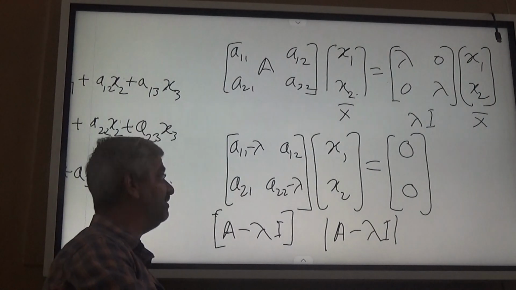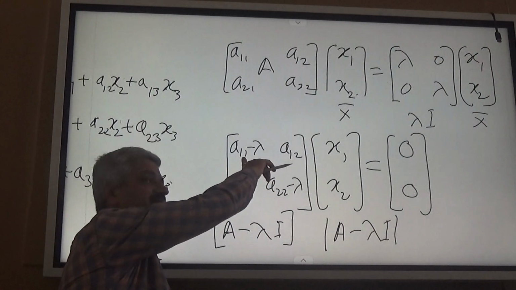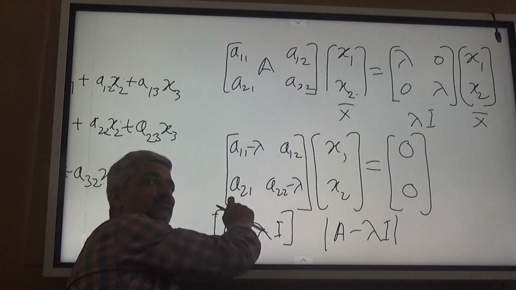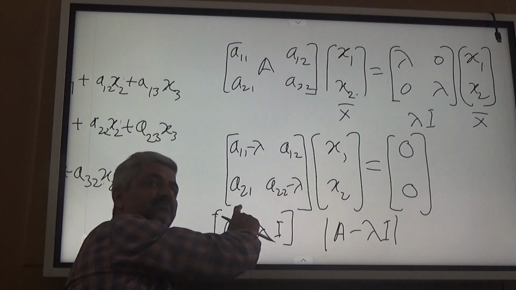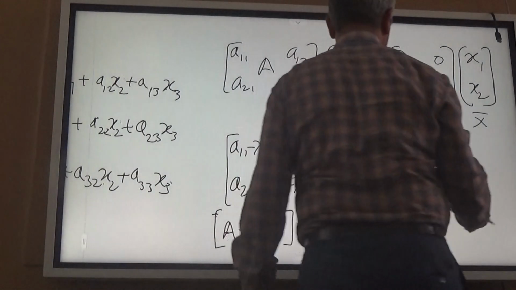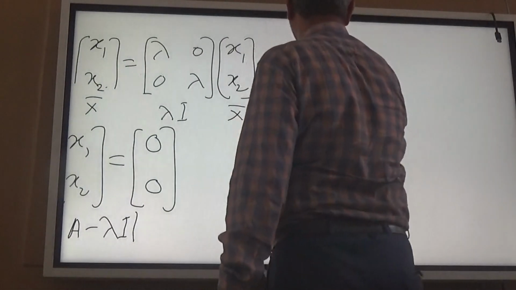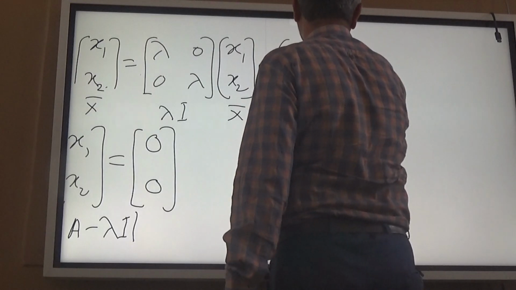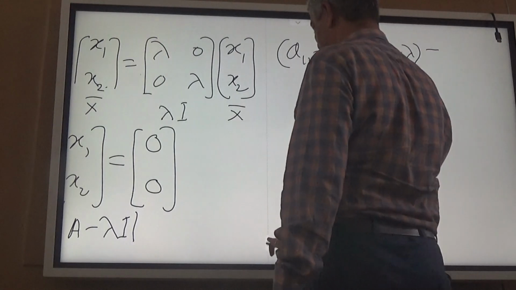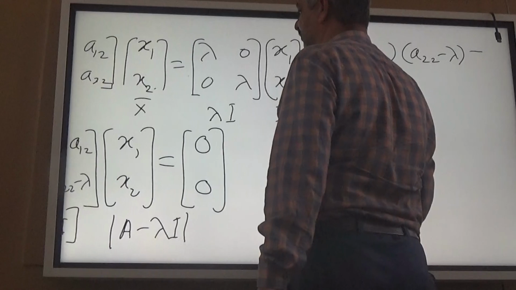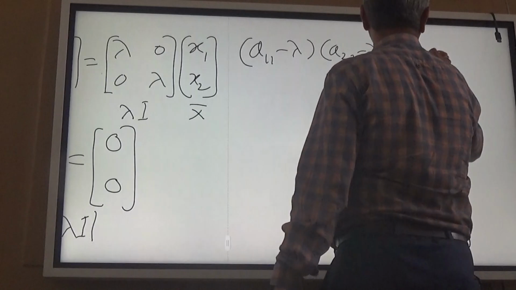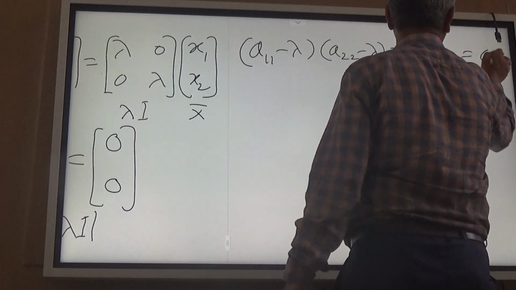So the determinant is 0 means A11 minus lambda into A22 minus lambda minus A12 A21 should be equal to 0.